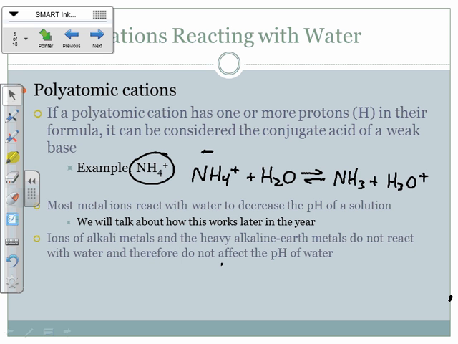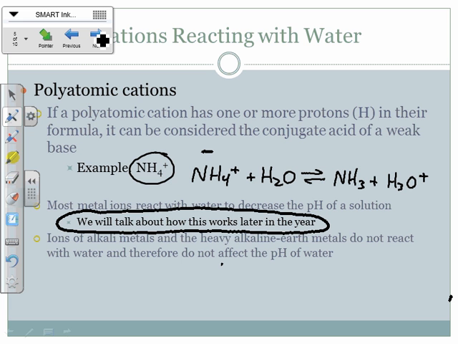Aside from that, most of the time the cations that we have in our salts are going to be metals. Metal ions are typically going to react with water to decrease the pH of the solution. I said that we'll talk about how this works later in the year, but we've already talked about that when we talked about Lewis acids and bases.